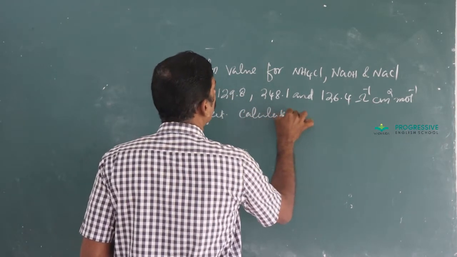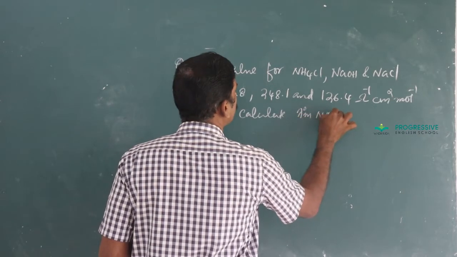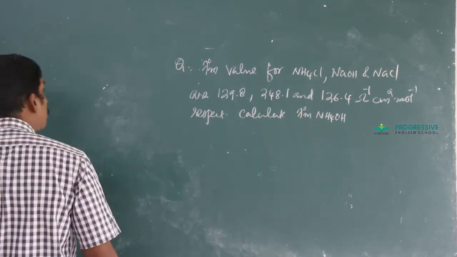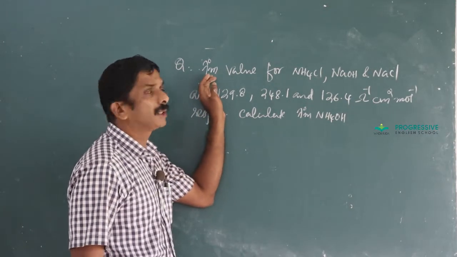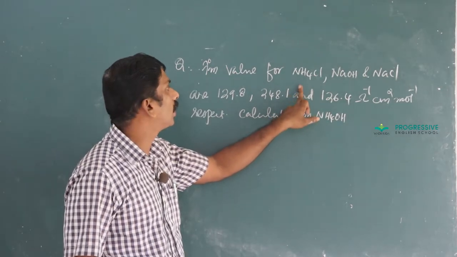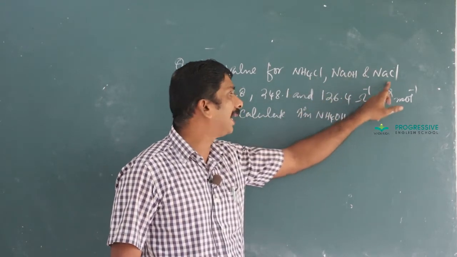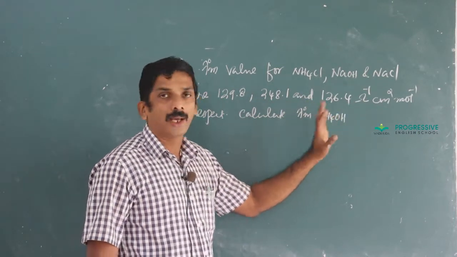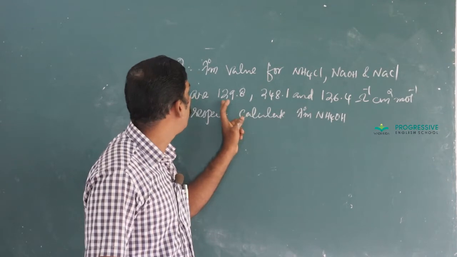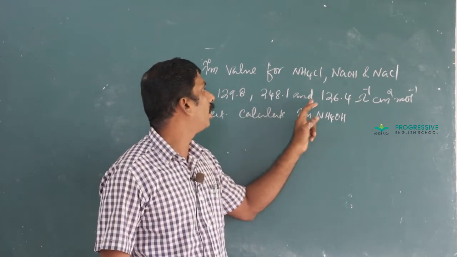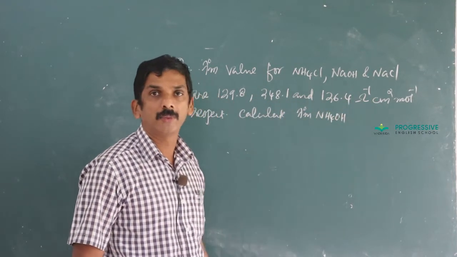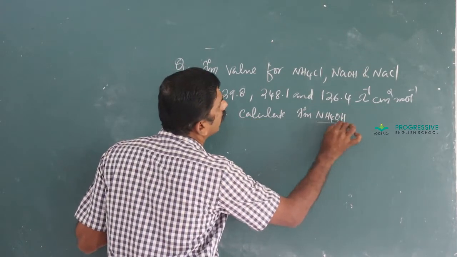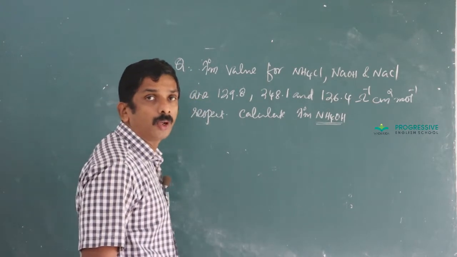Calculate lambda 0m of ammonium hydroxide. NH4Cl is a salt, NaOH is a strong base, and sodium chloride is a salt. Their lambda 0 values are directly obtained. Then you have to find out the lambda 0m value of NH4OH.